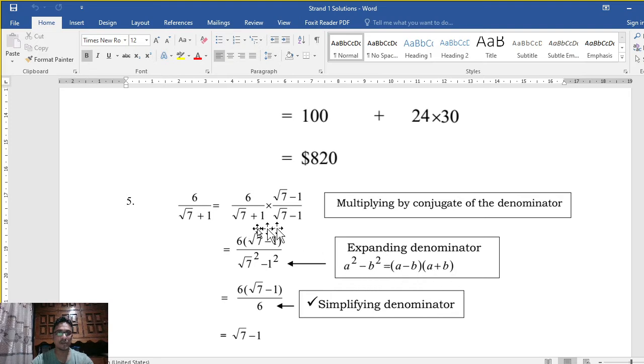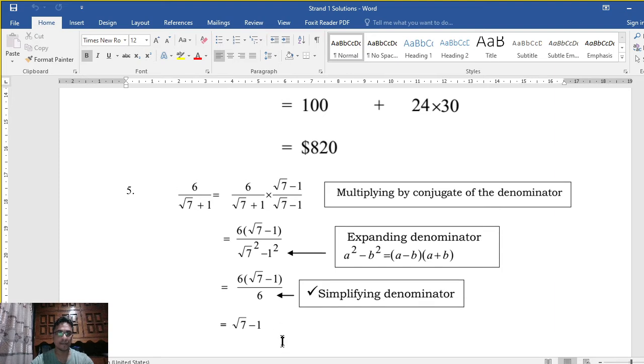So if you multiply the two denominators, you will get root 7 square minus 1 square. Okay, so the numerator comes down here as it is. Now if you solve the denominator, it will be 6. Okay, and then what happens? 6 can cancel. Your final answer will be root 7 minus 1. Okay.